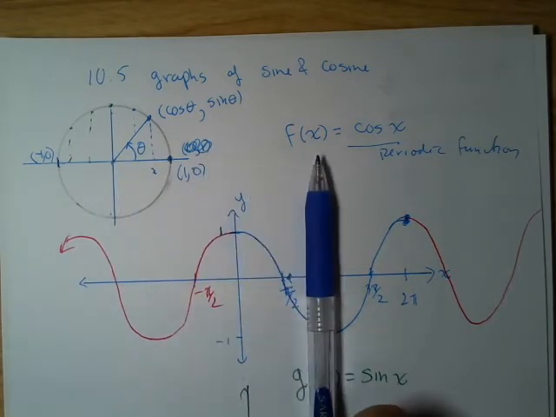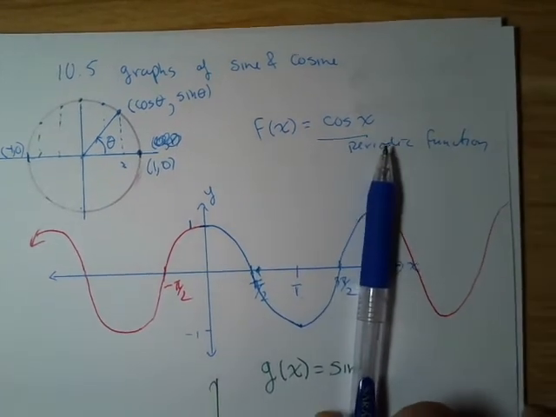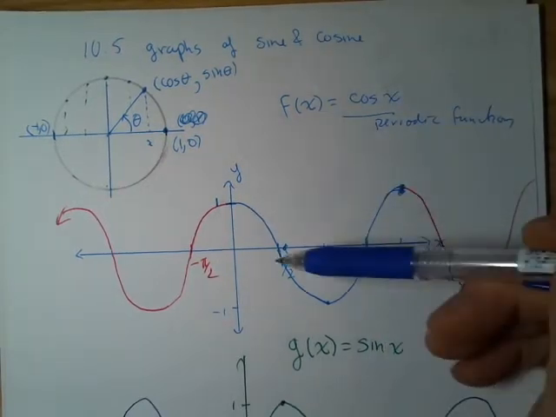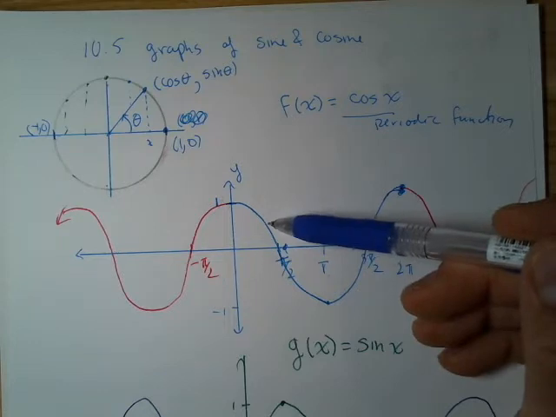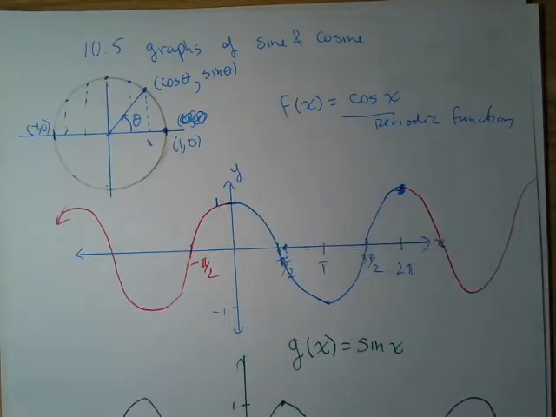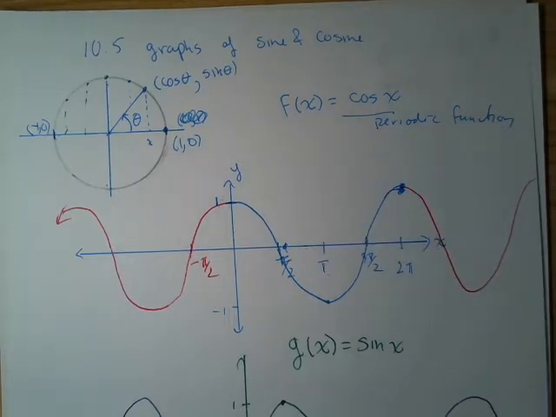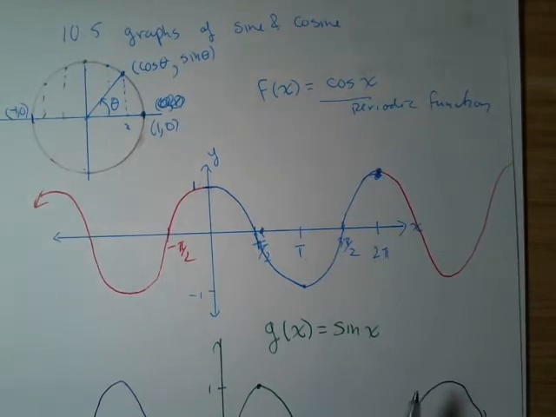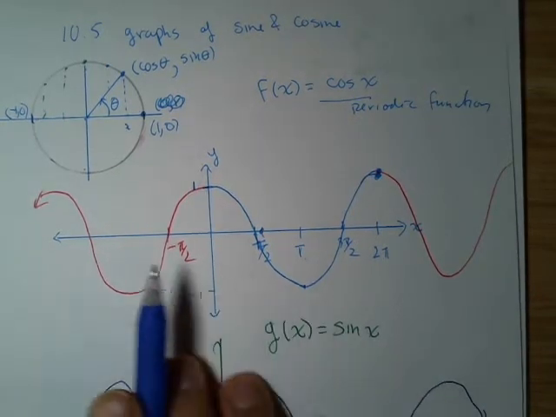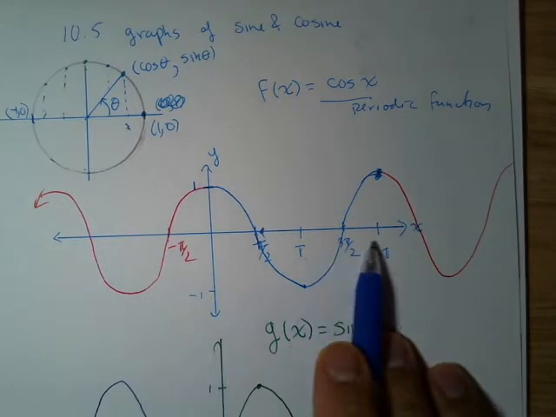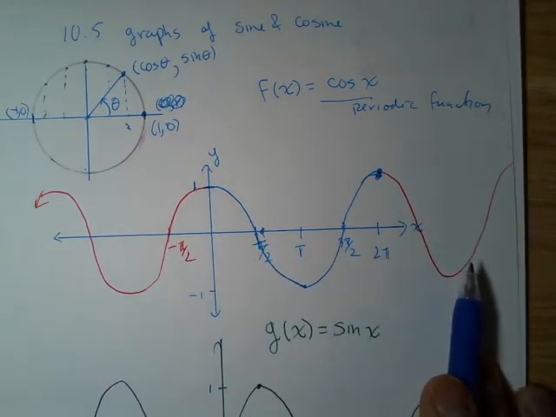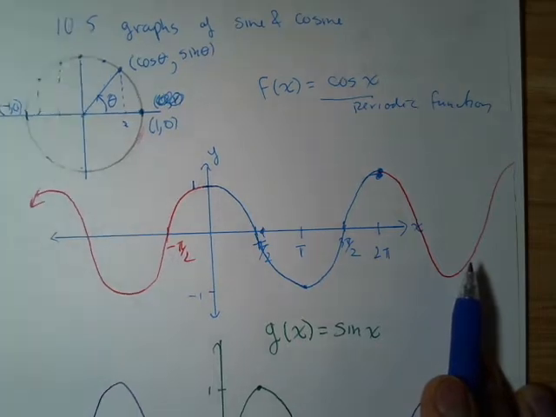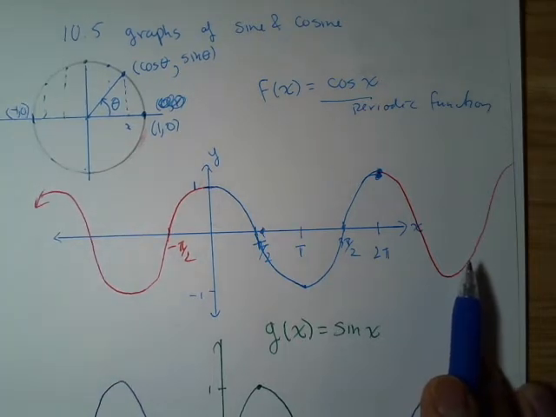Algebraically, that means that for each input, each value of x in the domain, there's exactly one output. So it does follow that. We're going to go over what the domain is. Remember, the domain is all the inputs, and as we can see, the domain is all the x values. Any x value along the horizontal, I can plug into cosine and receive a value back.